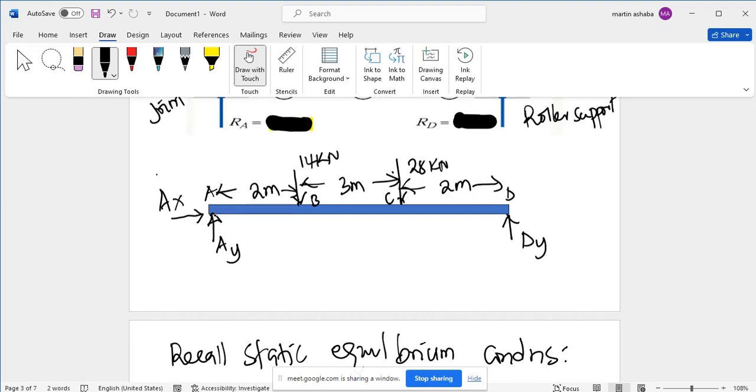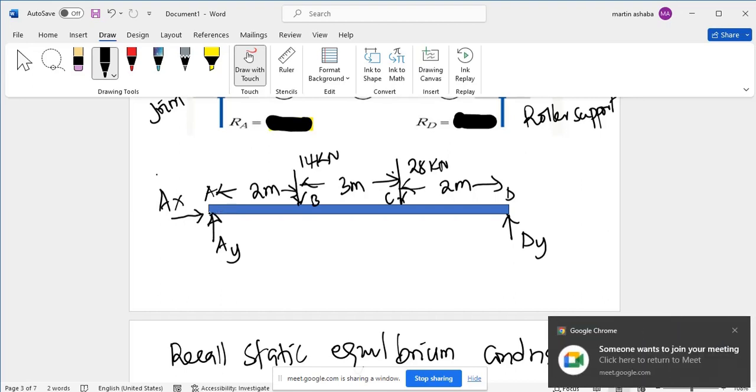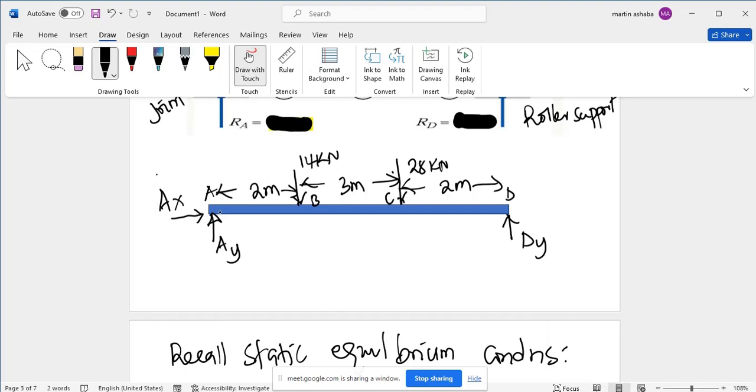Why do we take moments about A? We already have so many reactions passing through A. And you remember that wherever we take moments, if there is a line of action of a particular force passing through that point, then the moment of that force shall be 0, because there is no perpendicular distance that force is going to move from that point.